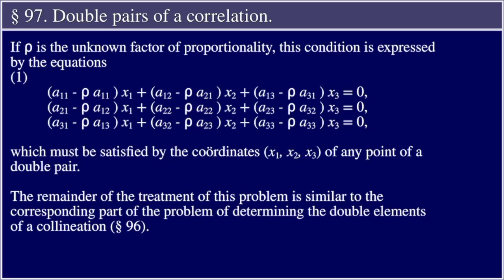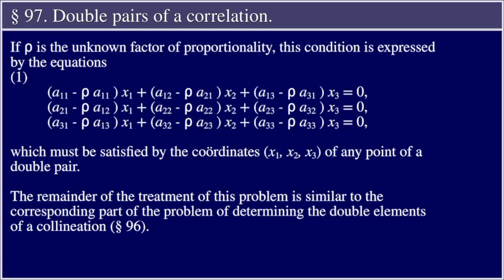The quantity (a31 − ρa13) times x1 plus the quantity (a32 − ρa23) times x2 plus the quantity (a33 − ρa33) times x3 equals 0, which must be satisfied by the coordinates x1, x2, x3 of any point of a double pair.